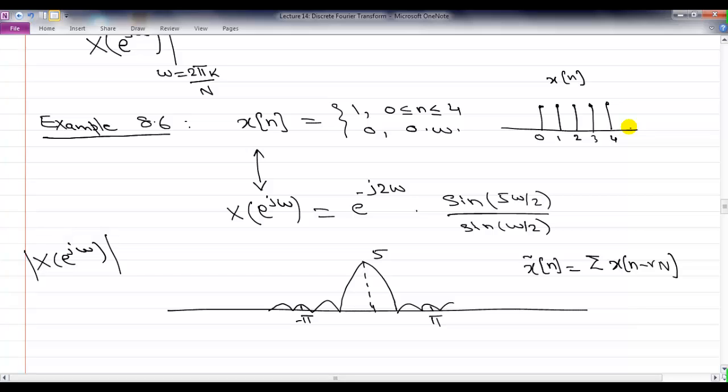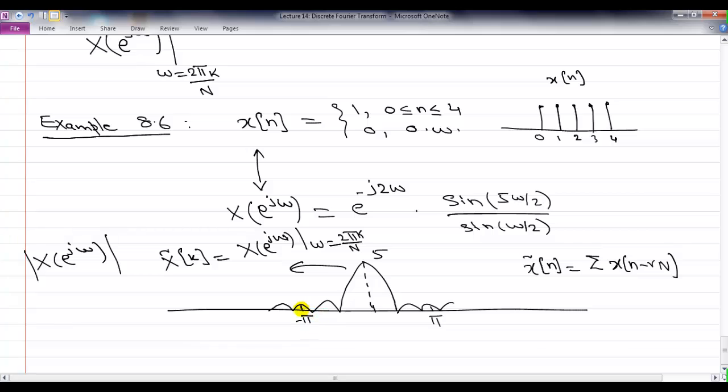I will get back a periodic sequence, and that sequence is going to have some discrete Fourier series coefficients. Those discrete Fourier series coefficients correspond to the samples of this DTFT. So x tilde[k] will be equal to samples of this at omega equal to 2 pi k over N.